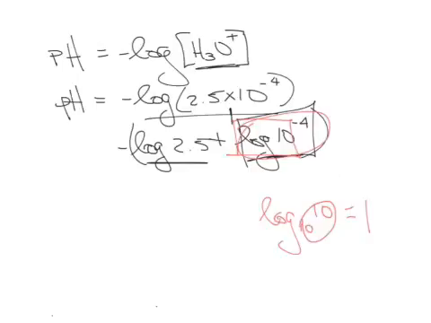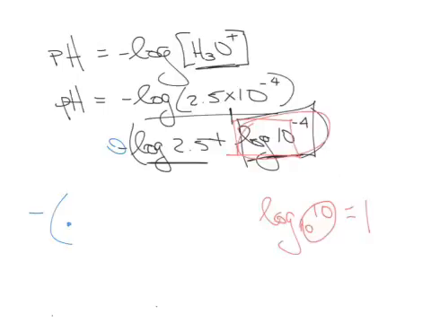So let's see, negative log 2.5 plus, and that's going to be negative 4. Log of 2.5 is going to be, actually, let's make a little bit of a change here. Forget this, I'm sorry. We still have our negative outside our parentheses, so I don't want to make any major changes.